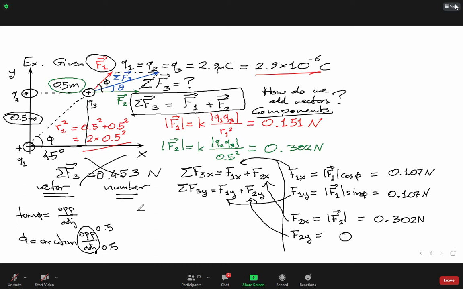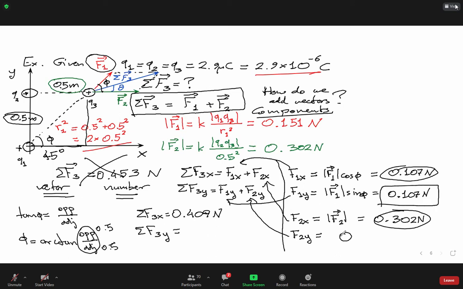So the net force, component x, is this plus that. So that's 0.409 newtons. And the y component is this plus that. So that's 0.107 newtons.